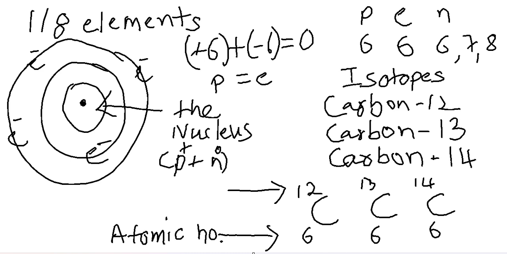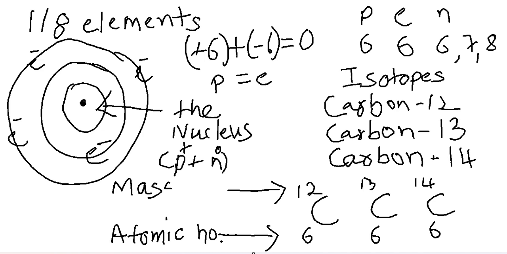Protons and neutrons both carry approximately the same mass, although the neutrons are just a little bit heavier. So when we are taking the sum of the protons and neutrons, we are effectively taking the sum of their mass. And that's why the number on the upper left is called the mass number.